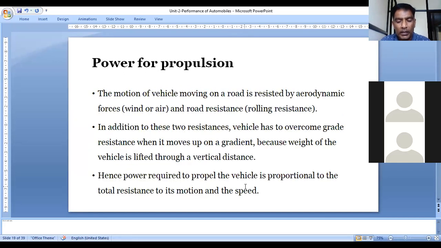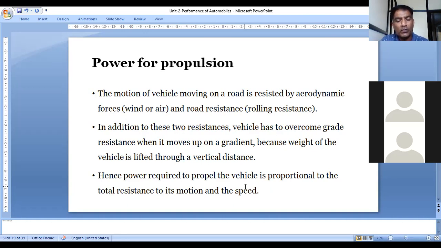Then we have seen power for vehicle propulsion. The motion of the vehicle on a road is resisted by aerodynamic forces, which include wind or air, and road resistance, which is the rolling resistance.